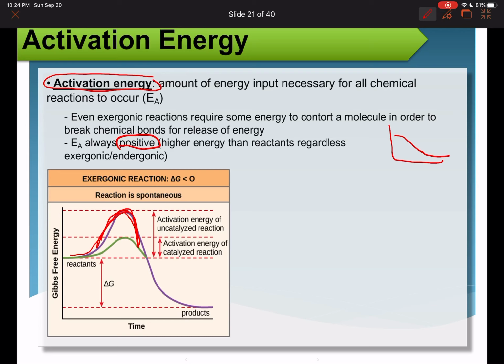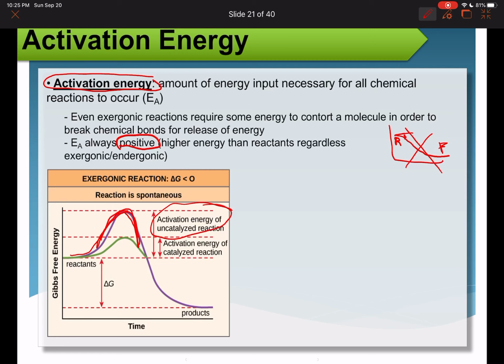That means your activation energy was 0 or a negative value in order to go from reactants to products. That never happens, okay? Activation energy is always positive, whether it be a big positive value or a smaller positive value. Both of these are an activation energy of some sort, and they are always positive. Okay, you always need some energy for the reaction to proceed.